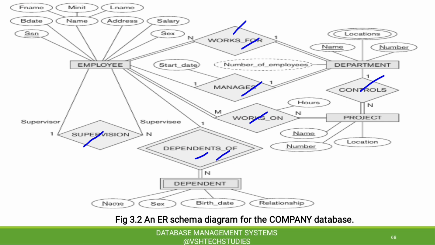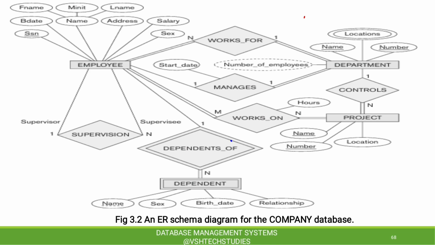A weak relationship is the relationship that exists between one strong entity and another which is a weak entity. A strong entity is shown in a single rectangle. A weak entity will be shown in a double rectangle, one inside the other. Okay. Next we shall see the cardinality ratio of participation of participating entities in a relationship.